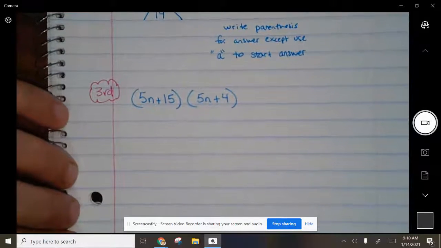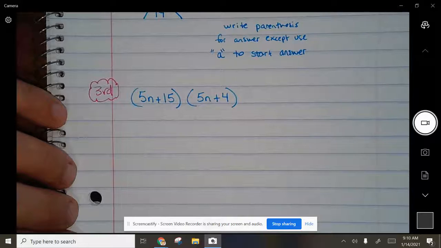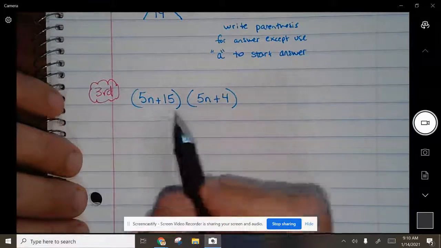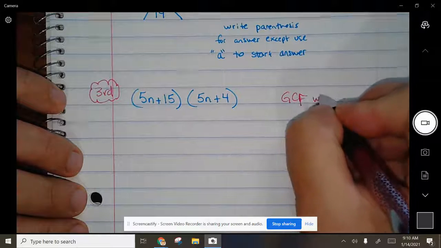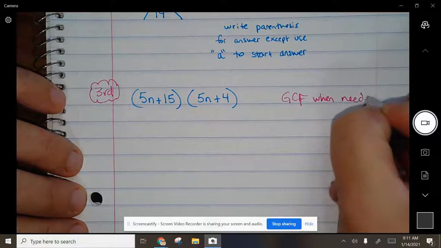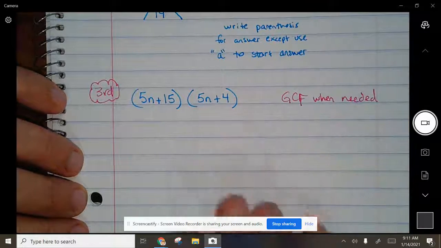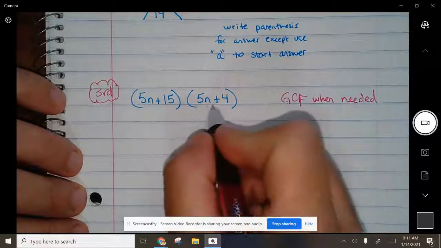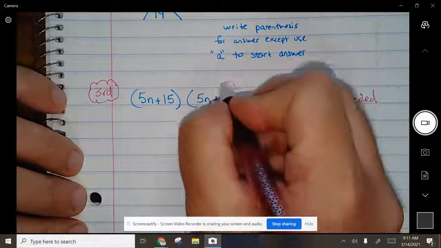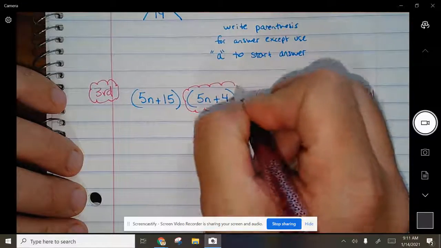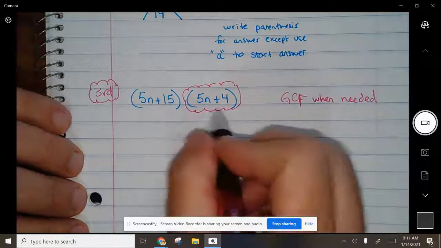So now you're going to have to get any GCF when needed. Look at both of them and see if they need a GCF. Do you need a GCF here? There's nothing you can pull out of this. So that is for sure done. This is an answer. That's an answer. We call these factors.